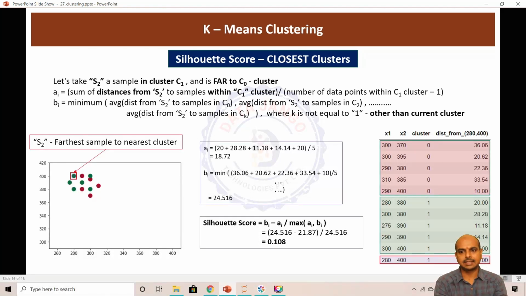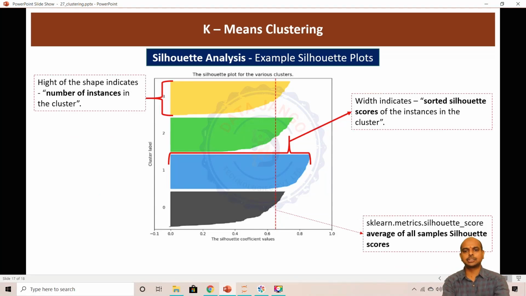I think it makes sense, right? If you look at this video one more time and slides one more time, you will understand better. So there is another concept called silhouette plot, the silhouette analysis we call it. If you look at this, they look like knives, right? So for each data point there is a silhouette score, right?